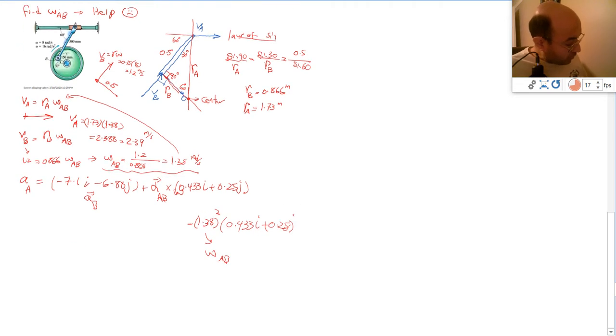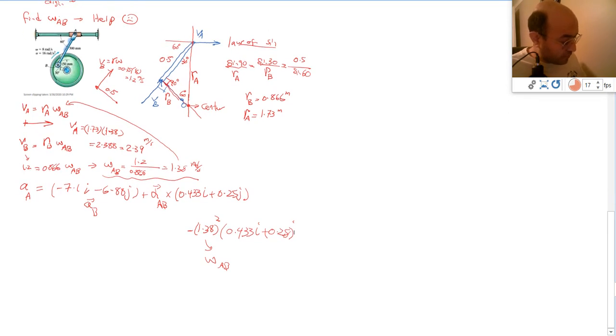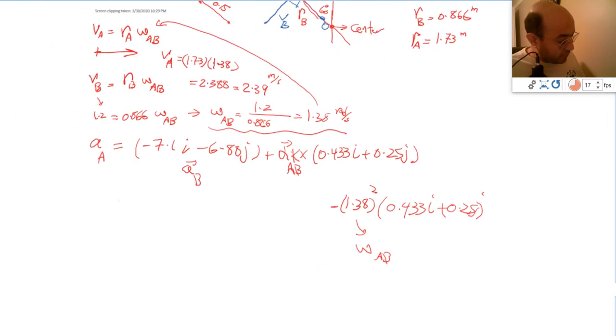Now again we need to go with the calculation that we had. Keep in mind that alpha AB has a direction. I do not know if it's going to be positive or negative, but I know it's in the direction of K, because that is perpendicular to the surface that we are in right now.